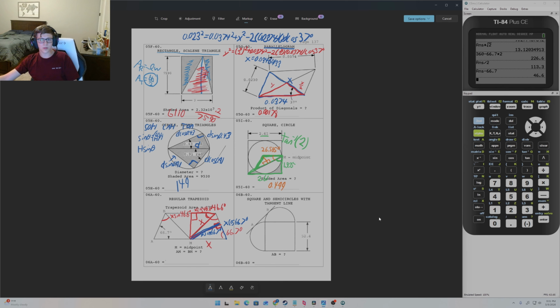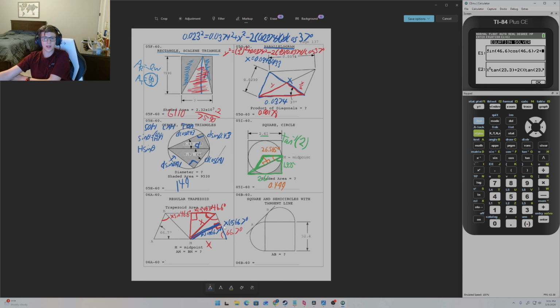All we have to do now is plug that into our calculator. The first triangle, this red one, is going to be those two sides multiplied together and then divided by 2. So it becomes x squared sine of 46.6 cosine of 46.6 divided by 2. And then these two sides multiplied together, because again, it's base times height divided by 2. Well, that's half the base, so we could just write it as half the base times the height.